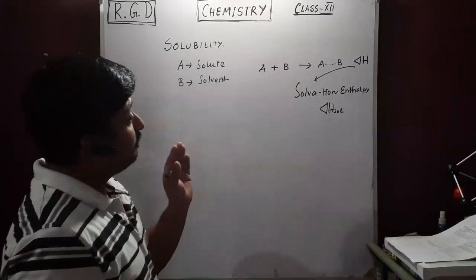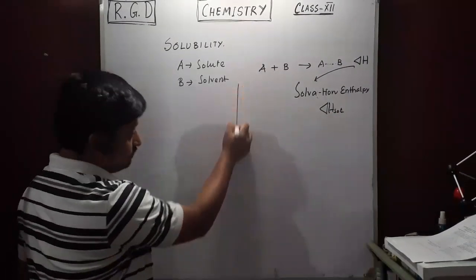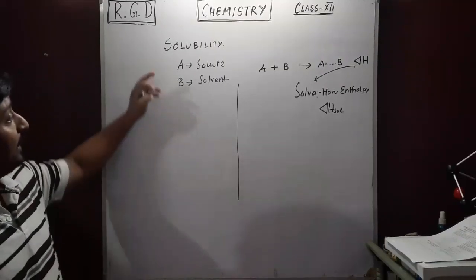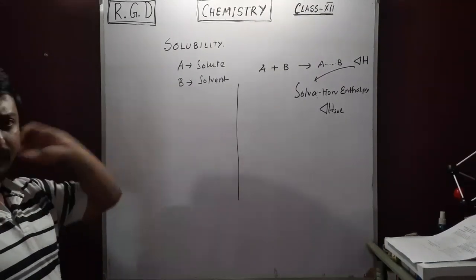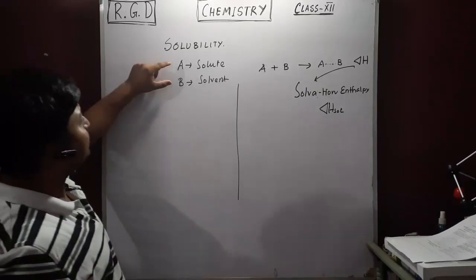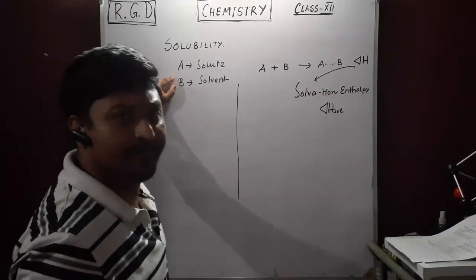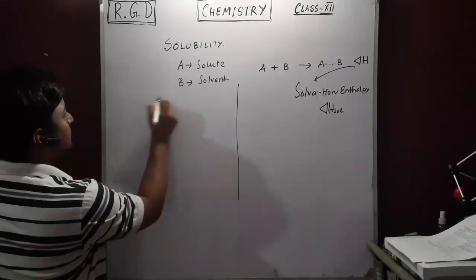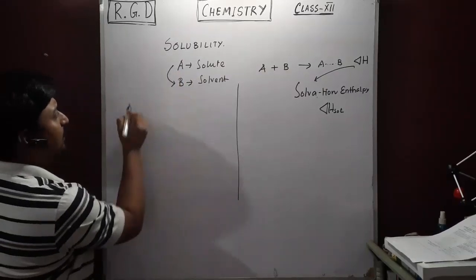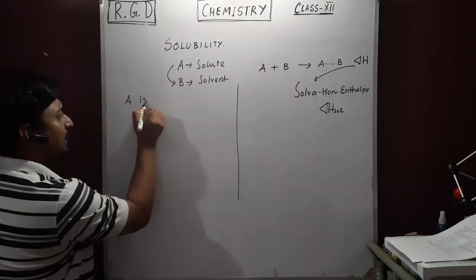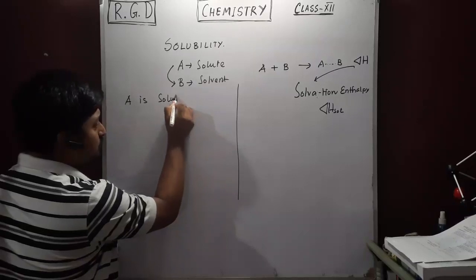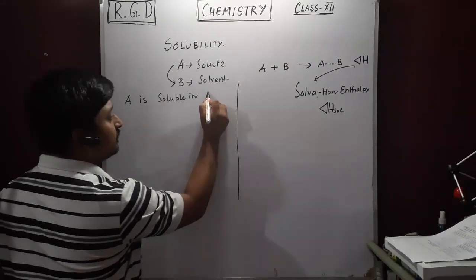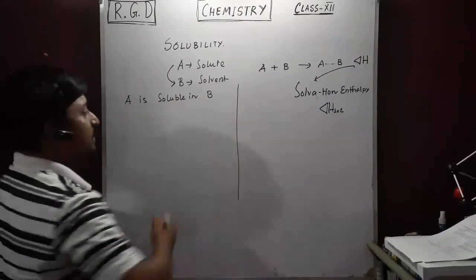Now, two types of cases can happen here. When I say A is a solute and B is a solvent, what I'm saying is A is soluble in B. So what does this suggest?